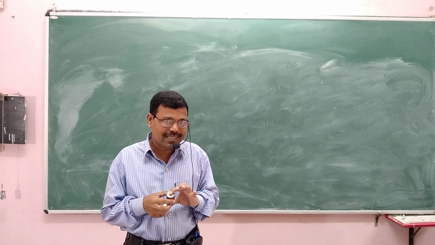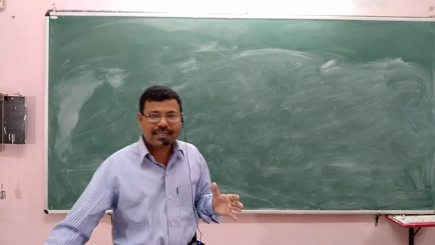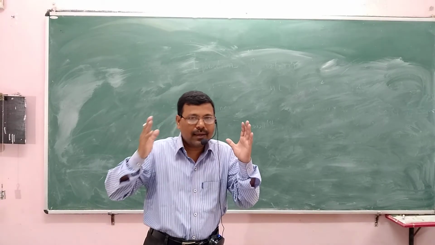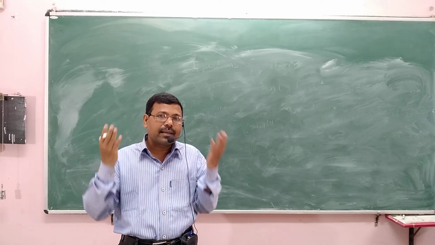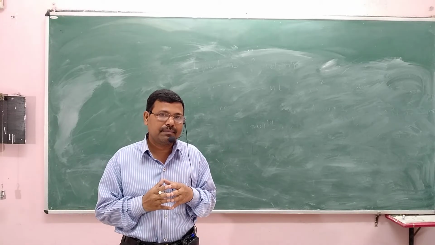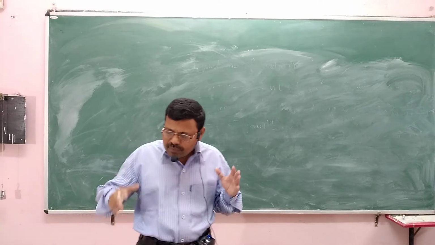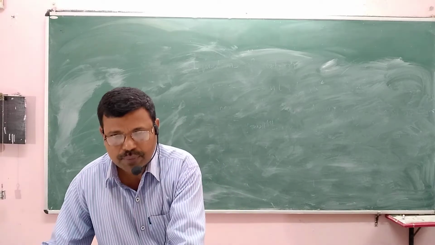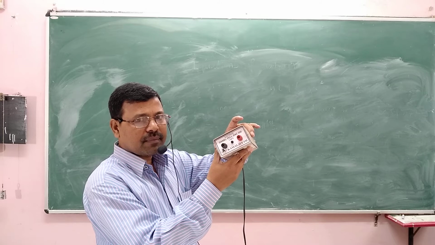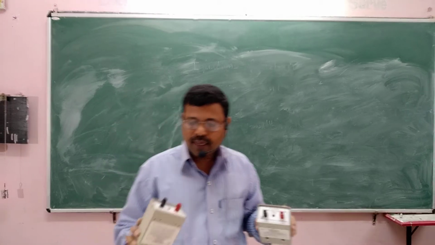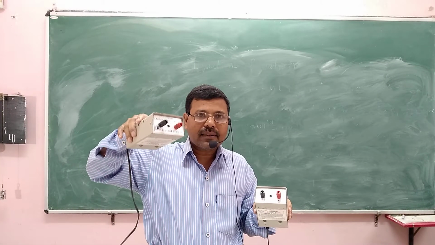But there are cells known as secondary cells, like the lead accumulator. A car battery is a rechargeable cell. Fine. Here we have a digital Daniell cell and a digital Leclanche cell.